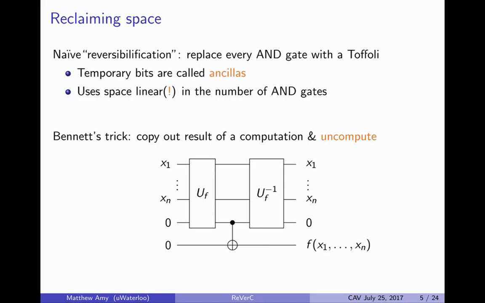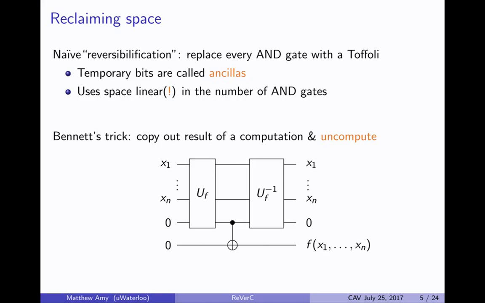So Charlie Bennett came up with this trick, they call it, where what you'll do is you'll copy the output of a function onto a new bit, and then you'll uncompute everything, return the entire state back to its initial state. So this is an example of a reversible circuit.